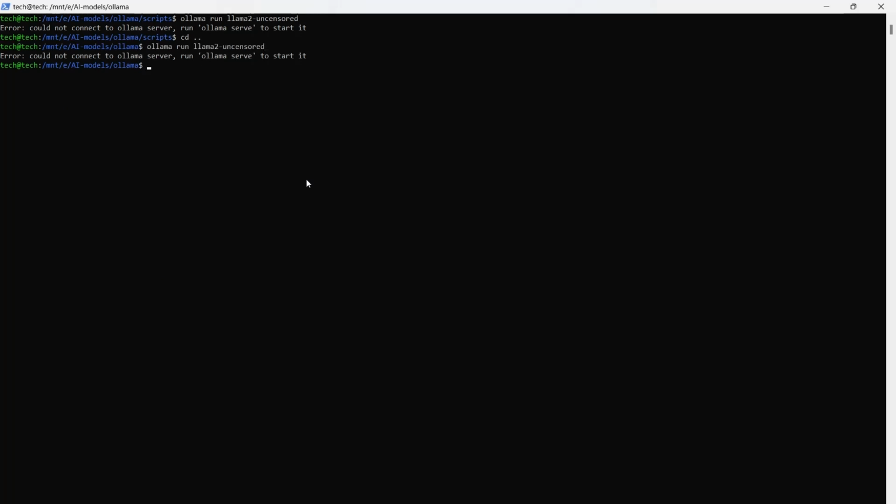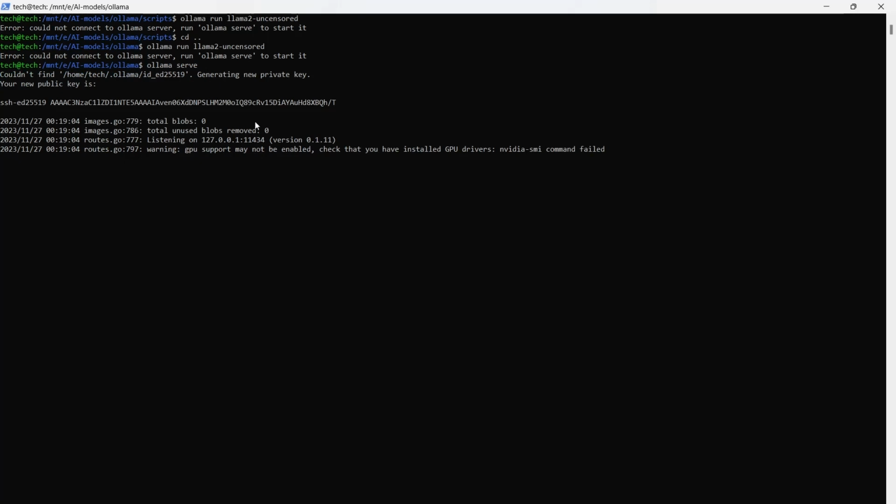So ollama run llama2-uncensored, that's the one I want to start with, but before, you need to run the server: ollama serve. Now we've got the server running, and that's where it is listening.